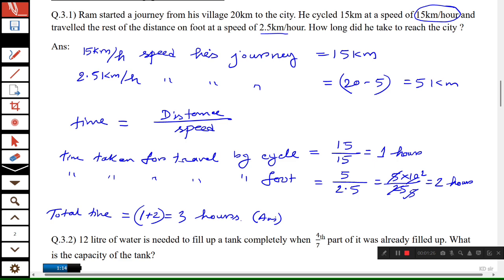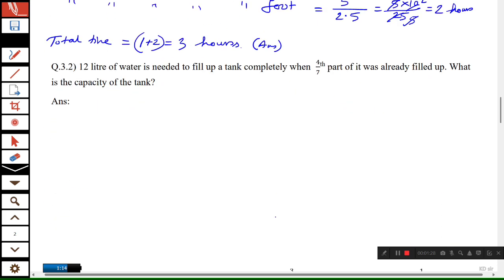The next question. 12 liter of water is needed to fill up a tank completely when 4 by 7 part of it was already filled.